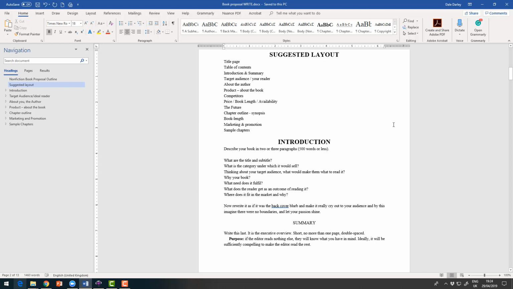Now, the first thing to remember is that this document is very much a master document. It's a document in a particular format, and you would put all of your bits and pieces into it. When you start to look for agents and publishers, they will have their own template.